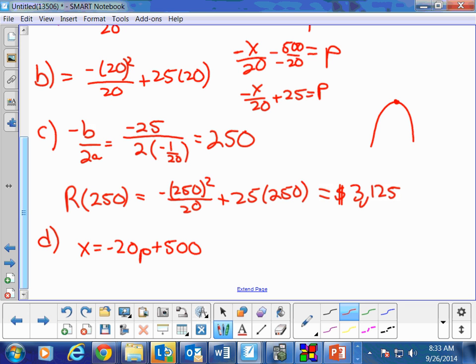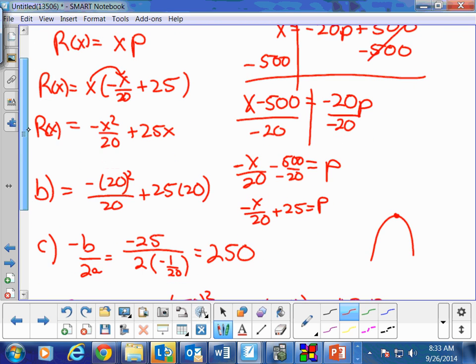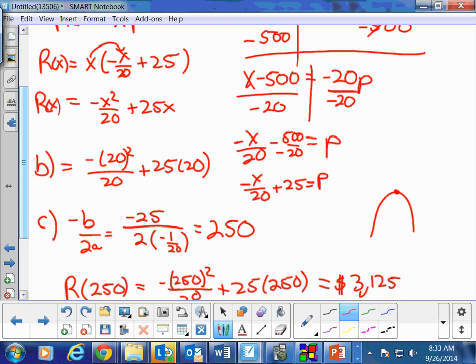Actually, no, I'm going to use the other equation, the one where I solved for x, where I have p is equal to this part of the equation right here. I'm going to use this equation to answer question D.